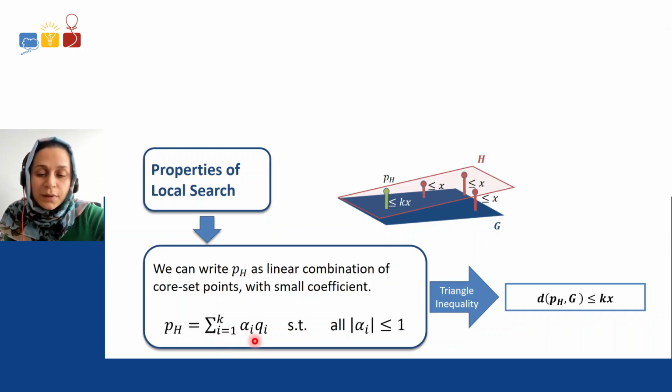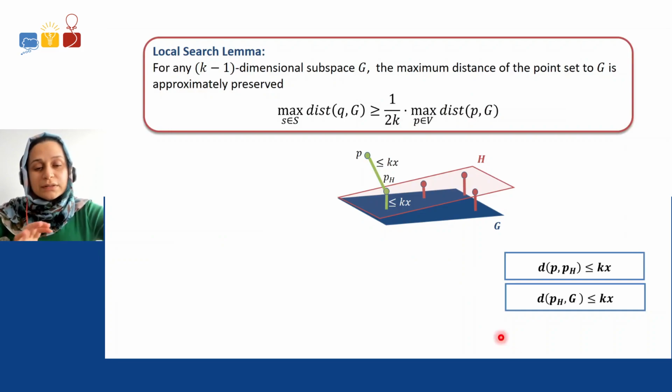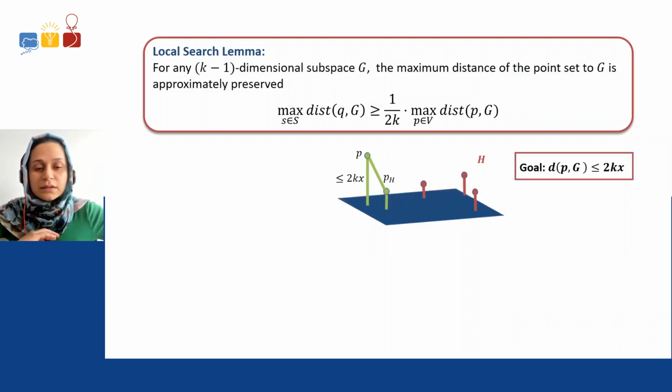Okay, so there are k terms, each of them is at most x, so the distance of P_H to G is at most kx. And with similar kind of arguments, but a little bit more work, we can also show that the distance of P to P_H is at most kx. And now putting these two together, it means that the distance of P to G cannot be larger than 2kx. So again, we use the triangle inequality.